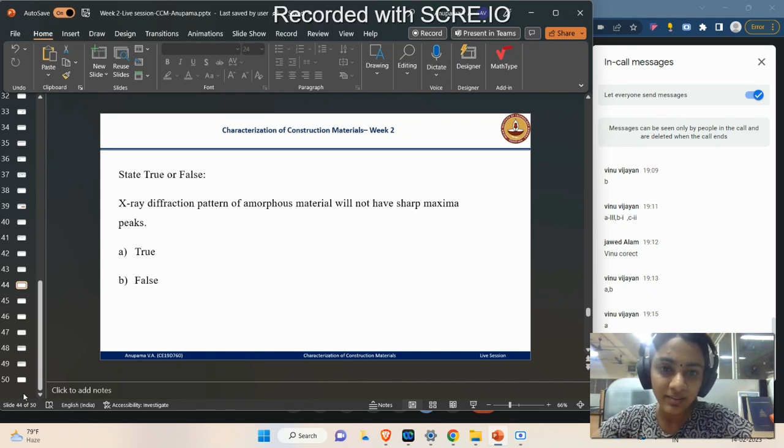The sharp maxima or the sharp peaks are characteristics of one type of material. So here the statement states that the X-ray diffraction pattern of amorphous material will not have sharp maxima. Okay, it's a very straightforward question.